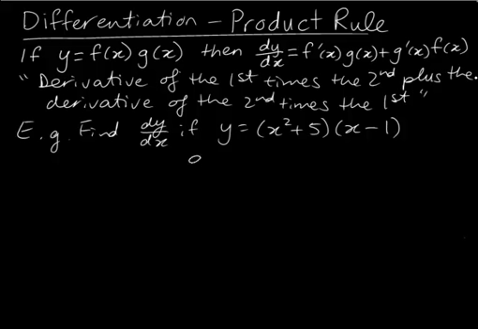Well, dy dx then will be equal to the derivative of the first, which is the derivative of the quadratic there, 2x, and then multiply by the second function exactly as it is, plus the derivative of the second function, so the derivative of that one is just 1, and then multiplied by the first function exactly as it is.